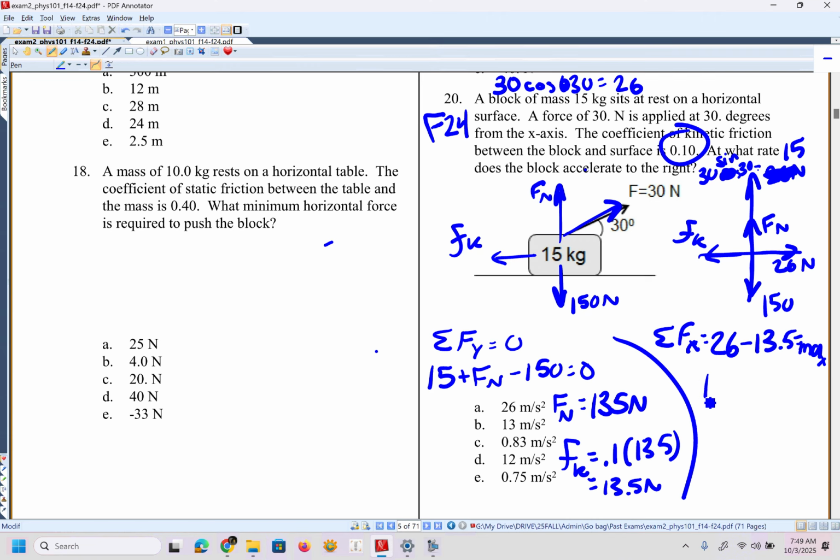That's 12.5 divided by the mass, which is 15, is equal to ax. It's either C or E, is it? I get 0.83. Yes, C is the right answer.